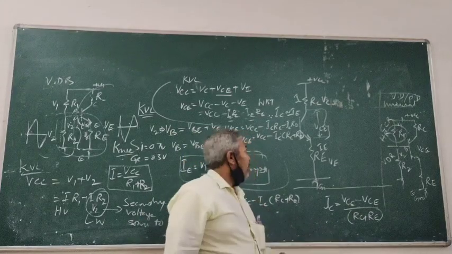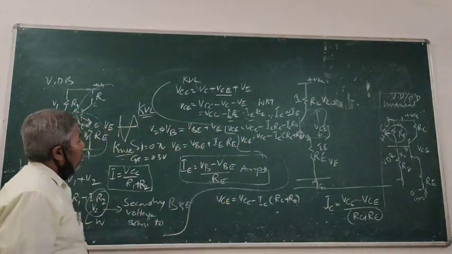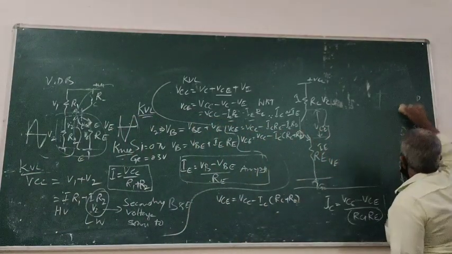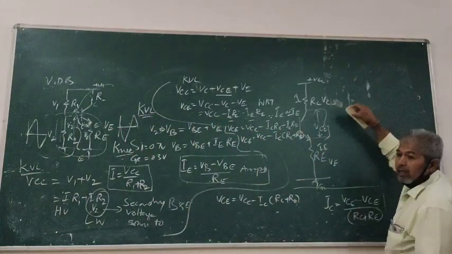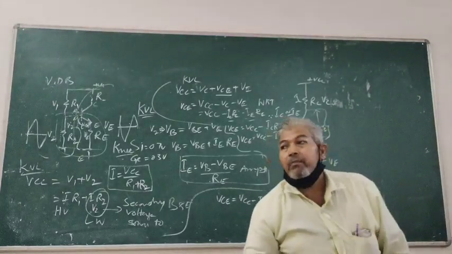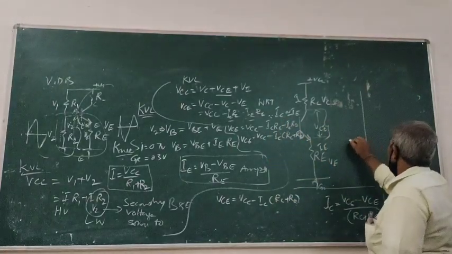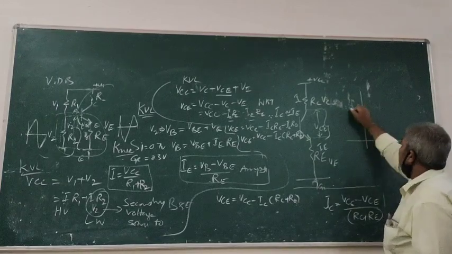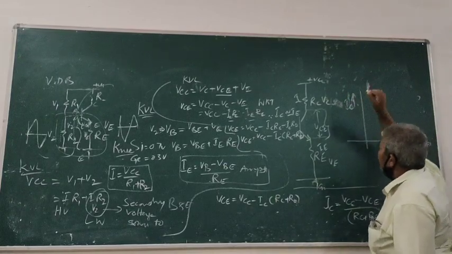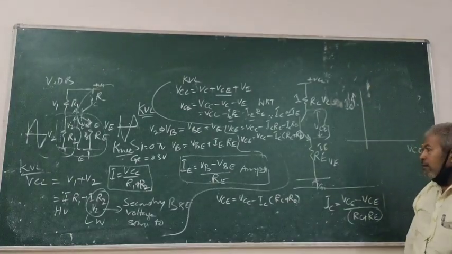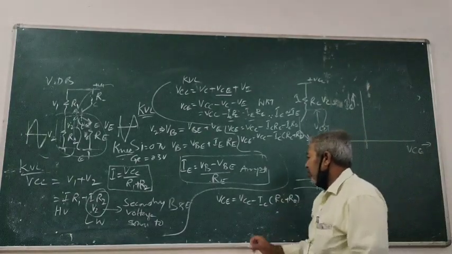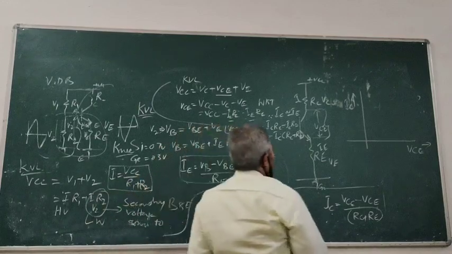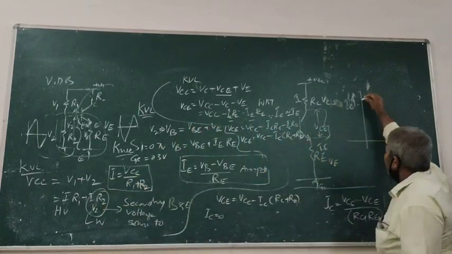Let us take a graphical representation for the minima and maxima. So this is VCE along this axis, IC along this axis. Clear? Now we can keep IC equal to 0. That means the collector current is 0.